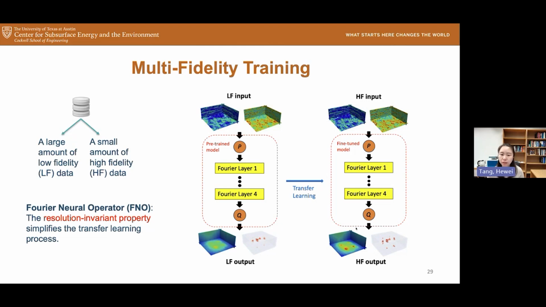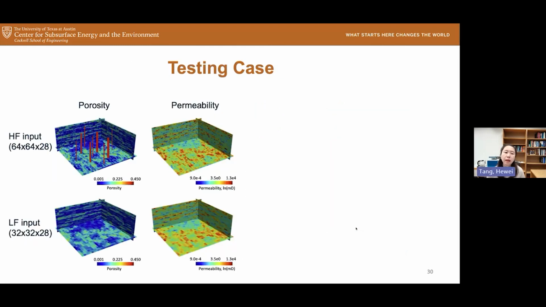since the model is not discretization sensitive. And here I show a testing case where I have high fidelity input given by this 64 times 64 times 28 and low fidelity input given by this 62 times 62 times 28 porosity and permeability field discretization.